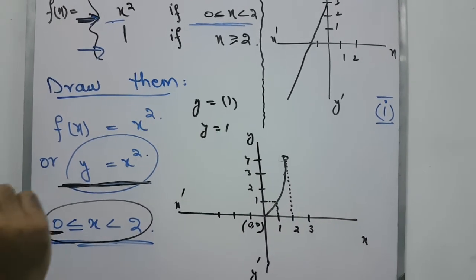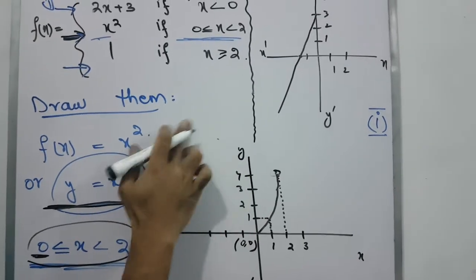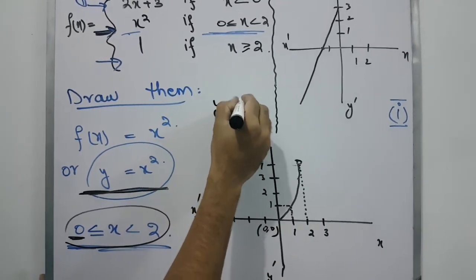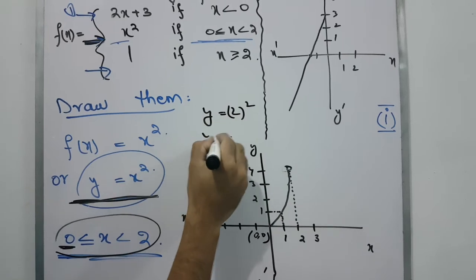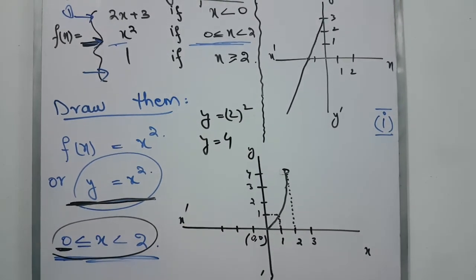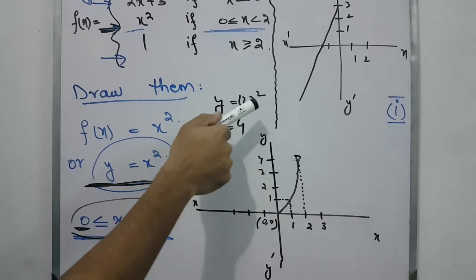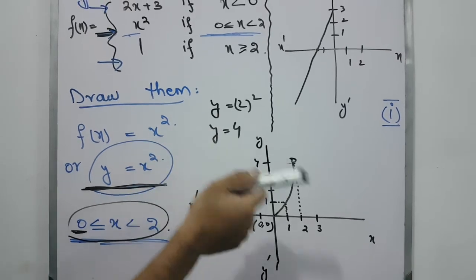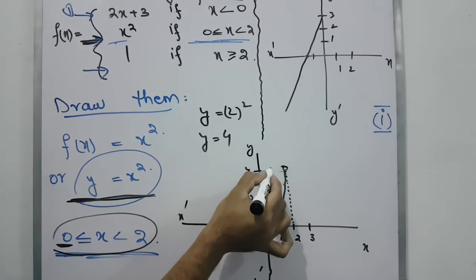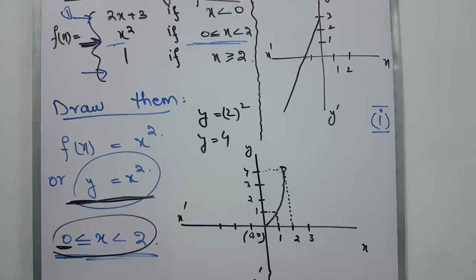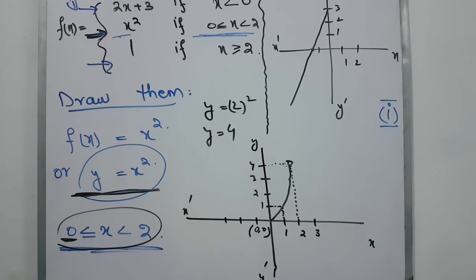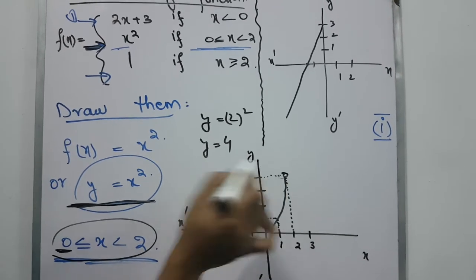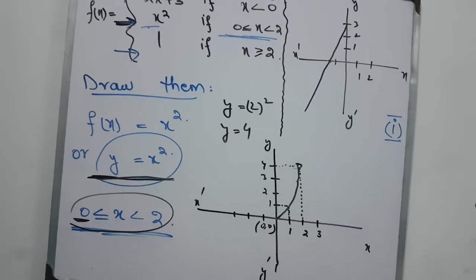If you put x equals 2, then y equals 2 square, so y equals 4. So when x equals 2, y equals 4, and at that point the function is discontinuous, so I put a hole there.